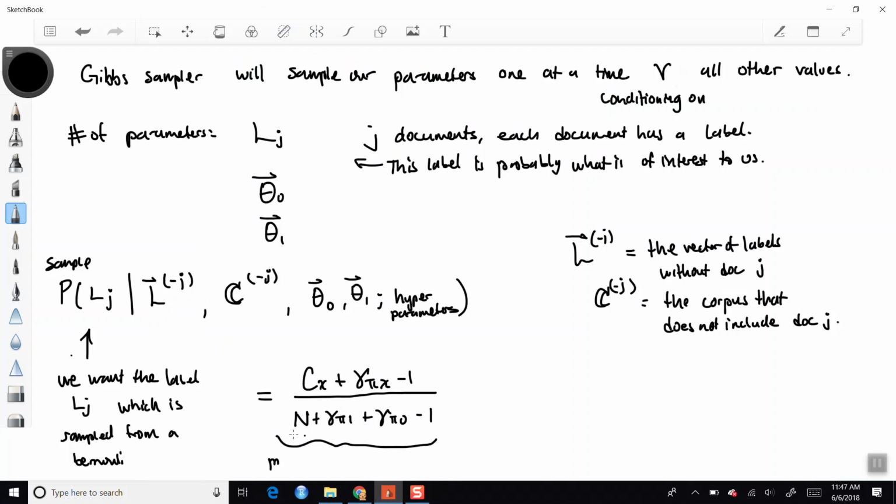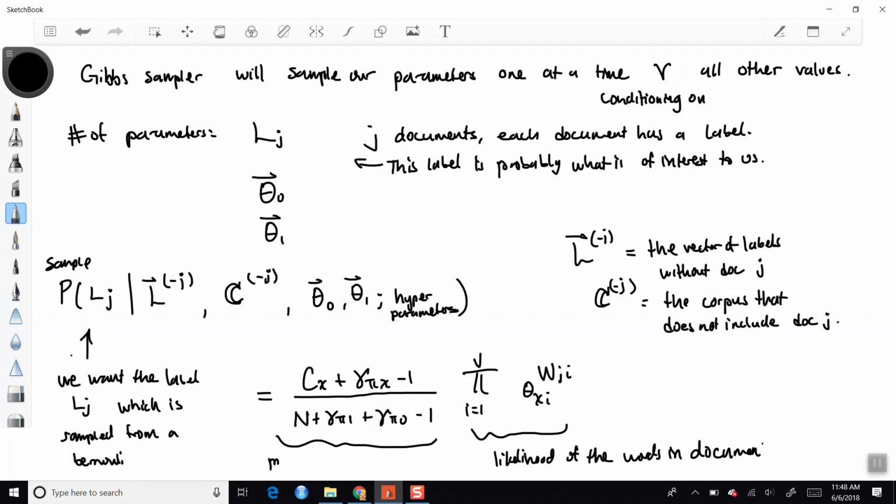So that's what we have here, and then you multiply that by the probability, the likelihood of the words in the document. Okay, so this is the mean of the posterior beta.